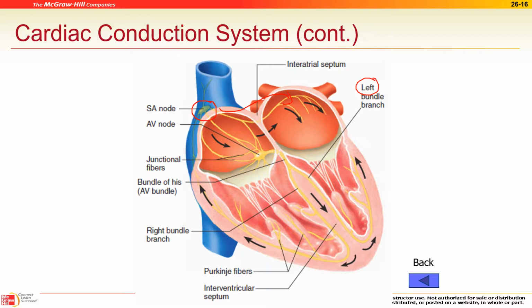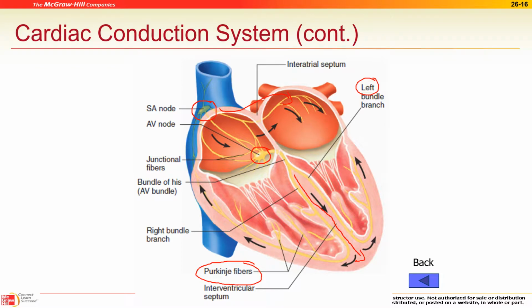The AV node tells the ventricles to pause while the atria contract, and tells the atria to pause while the ventricles contract. Because if everything contracts at once, you don't have net blood flow. As they go down, they're called bundle fibers, and as they go up, they're called Purkinje fibers.